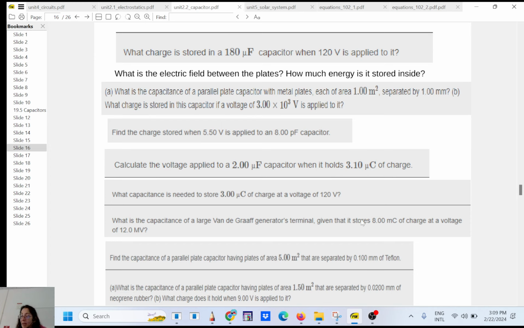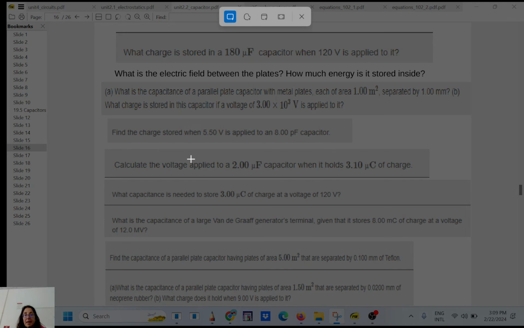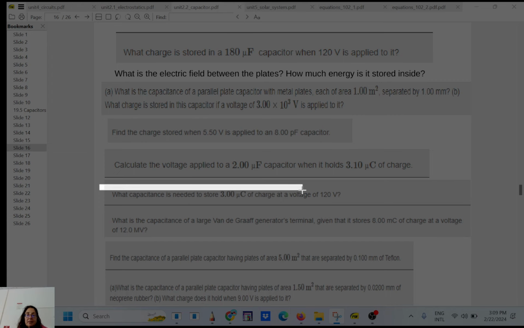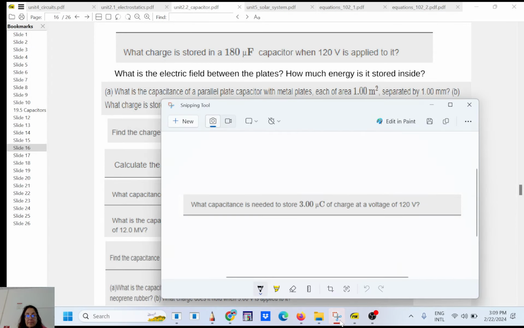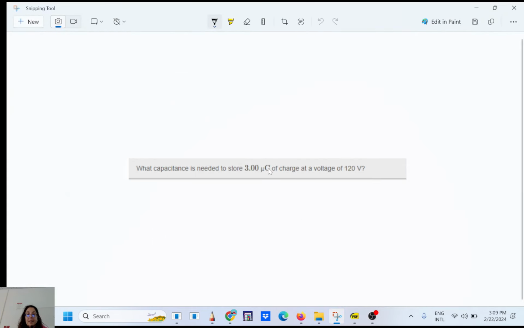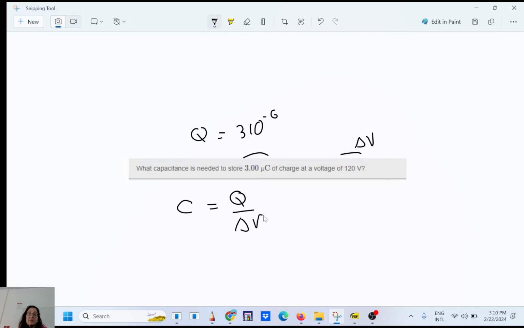Let's do the Van Graaff generator. No, we did that already. Okay, let's do this one. Okay, so that's a micro. That's your delta V. That's going to be Q. So capacitance is the charge per unit voltage.